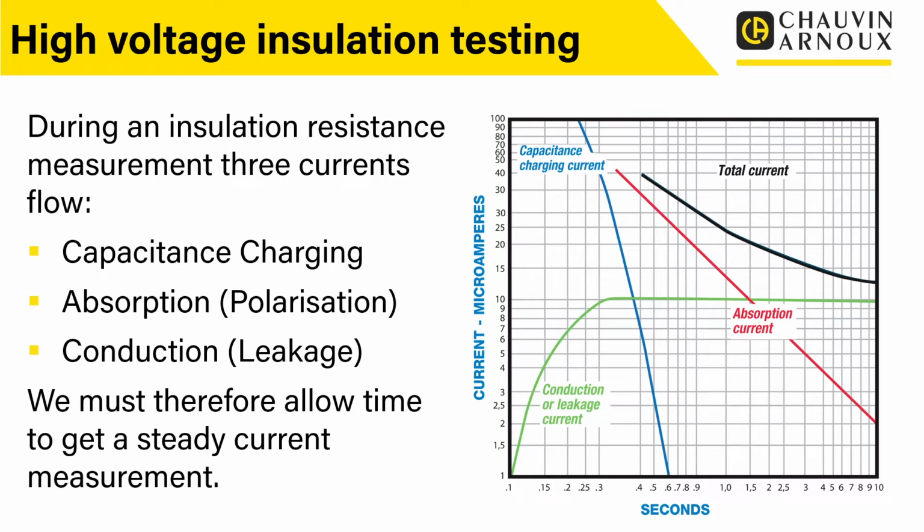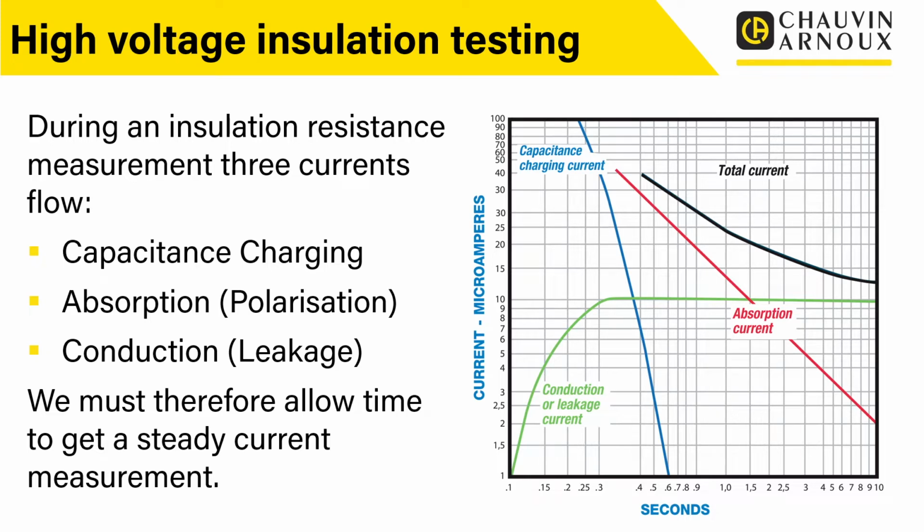But the good thing is, as you'll see when we get into the testing techniques, we can use these to our advantage. We can use these charging currents, knowing this is a known state, to tell us about the state of the insulation as well.